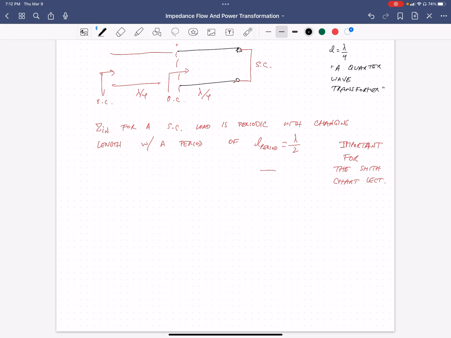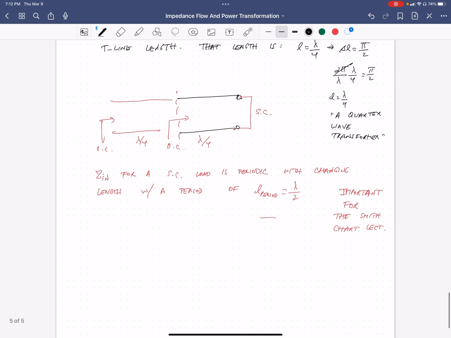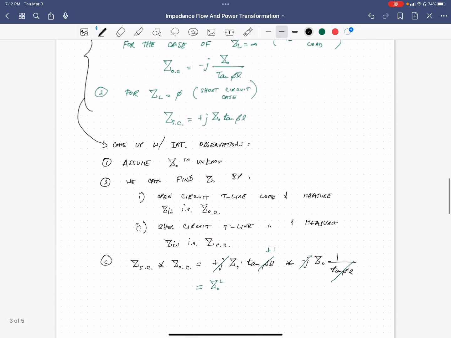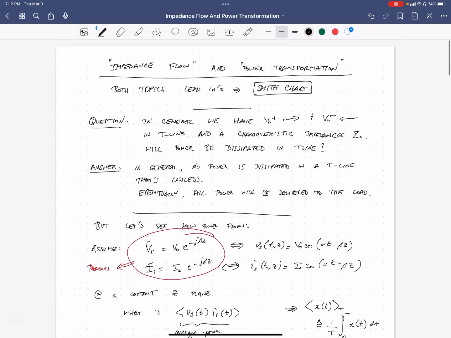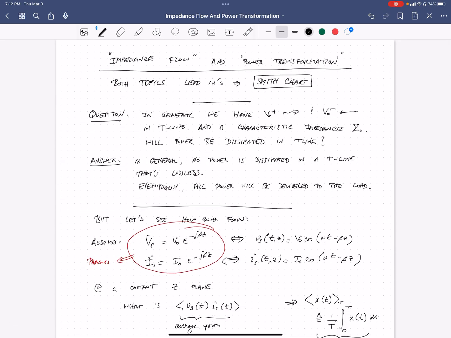I guess that's all I wanted to say about that for this lecture. Again, this is some background stuff that's going to be useful for our Smith chart lectures.